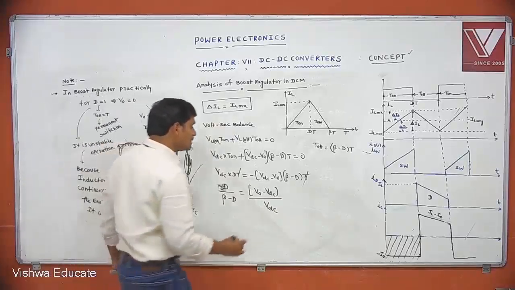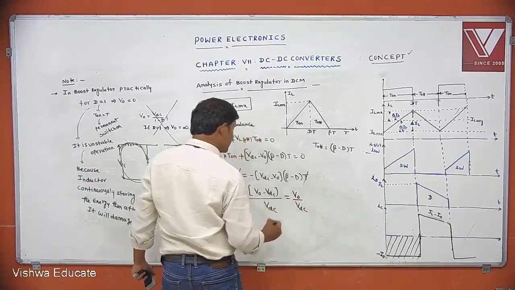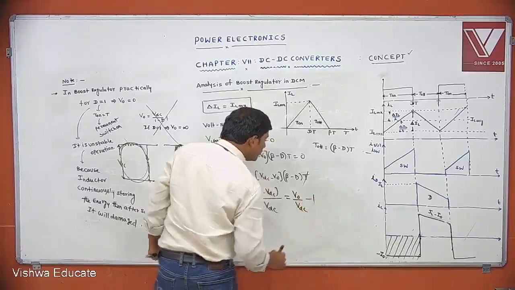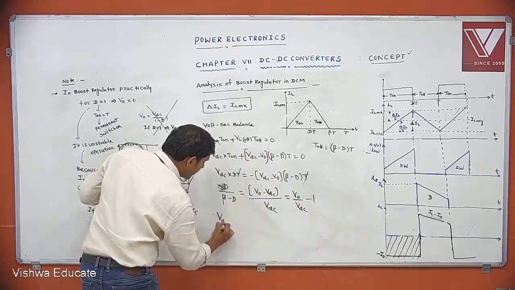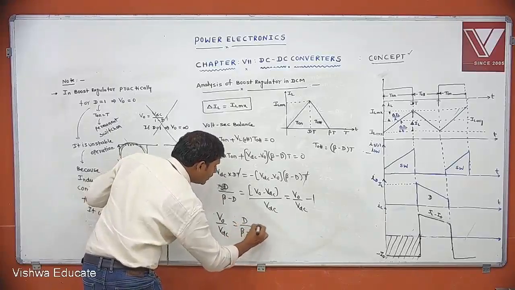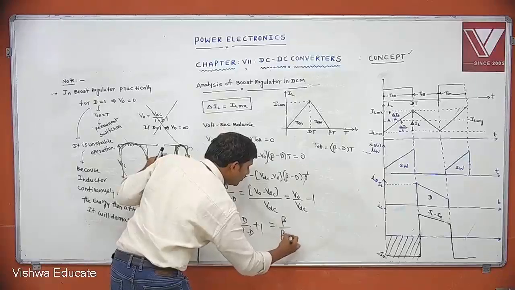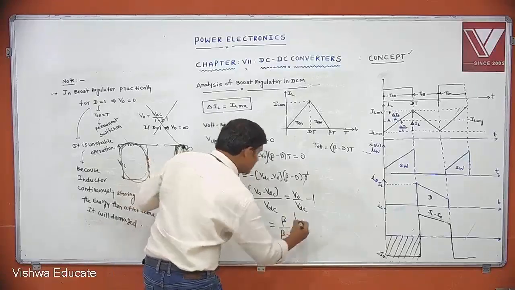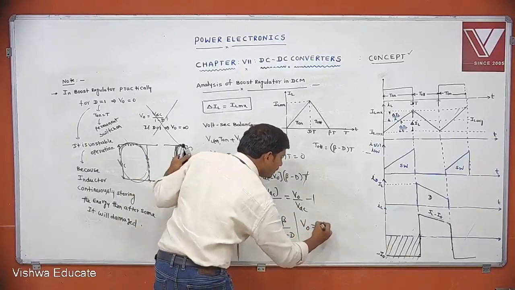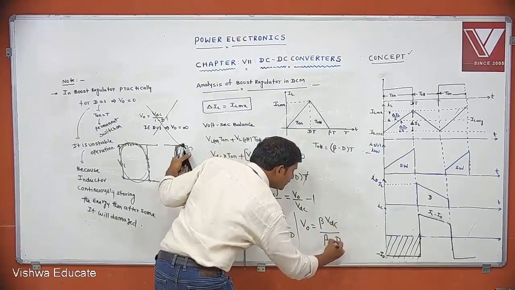V naught by VDC minus 1 equals D by beta minus D. Then V naught by VDC is D by beta minus D plus 1, which is beta by beta minus D. From this, V naught equals beta VDC by beta minus D.